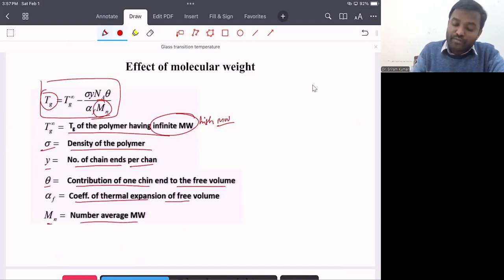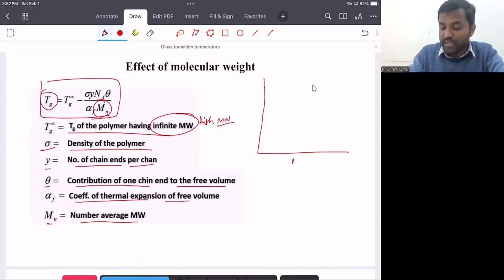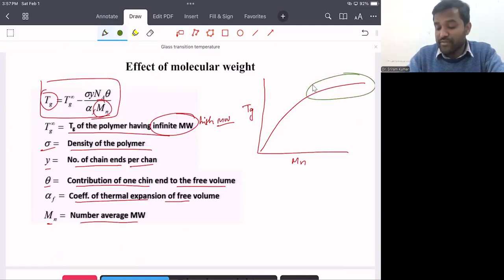So based on this formula, if you want to understand the relation of Mn and Tg, we will get such a plot, where there is a situation where we have these values.